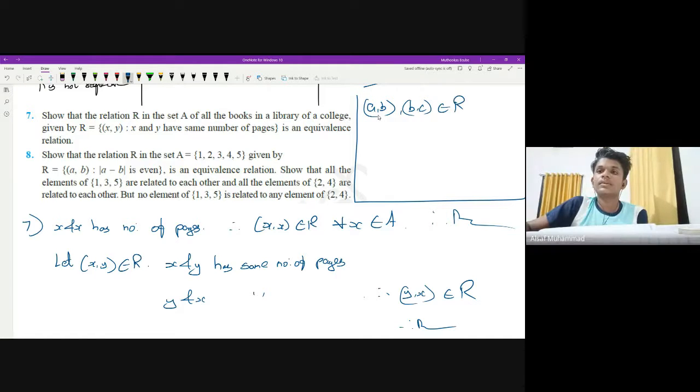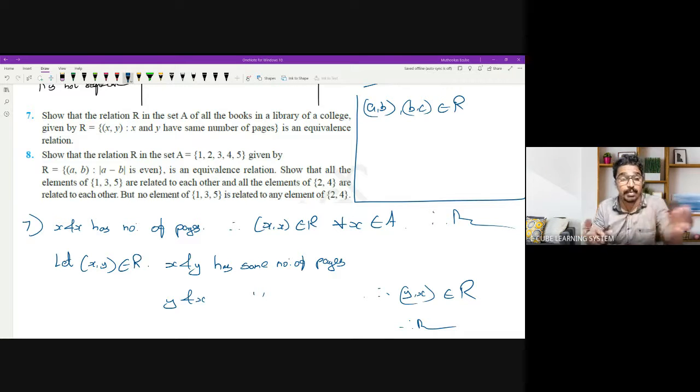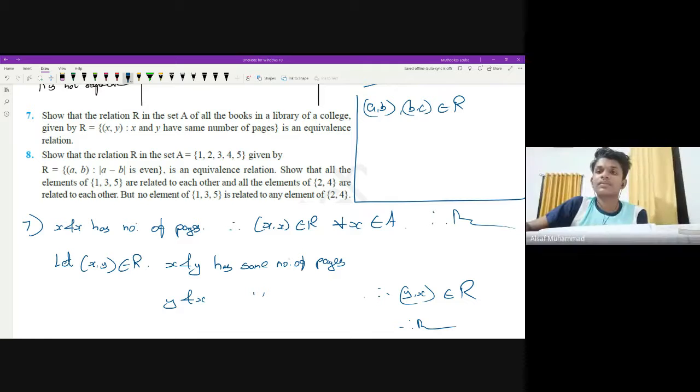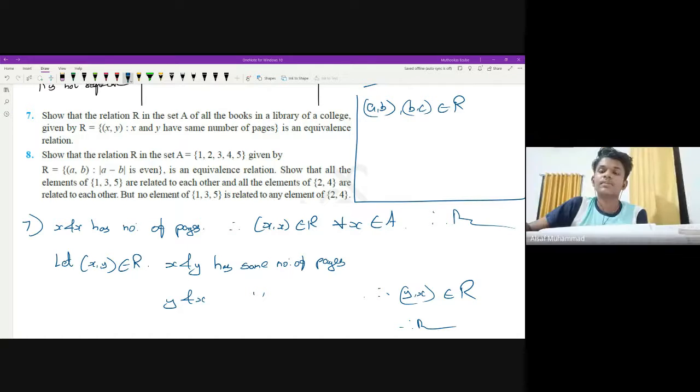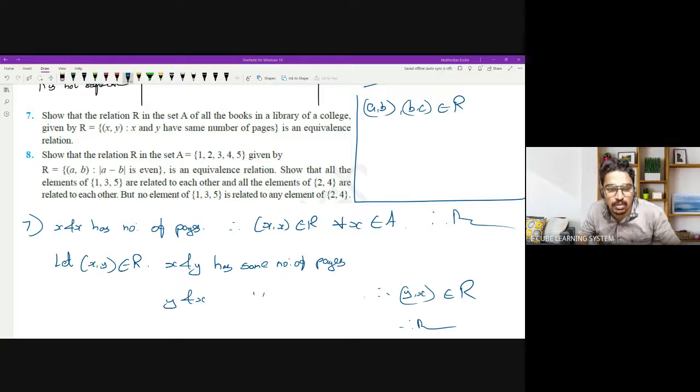A, C should be there, and we need to check that. The condition of the given relation is that the number of pages is equal. Number of pages of A and B are the same. Number of pages of B and C are also the same. So A and C will be the same. That is all we have to write. A, B and B, C belong to the relation.